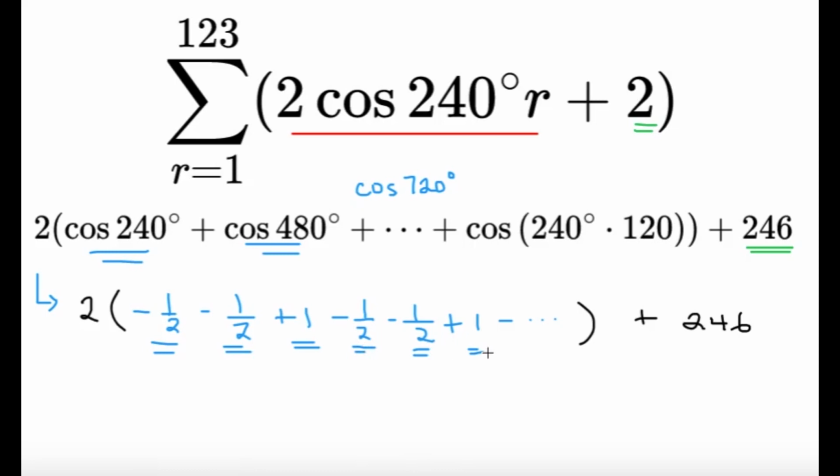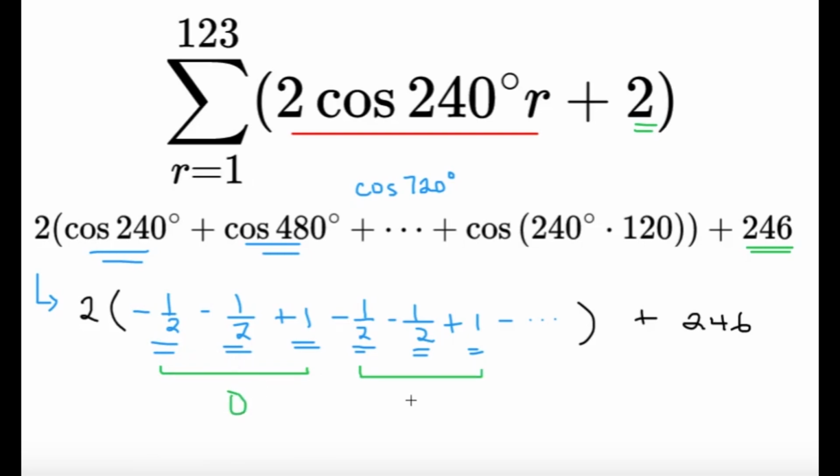Now, we have 123 terms in this part, and 123 is divisible by 3. In fact, 123 over 3 is 41. So we have 41 triplets of -1/2, -1/2, 1. Coincidentally, -1/2 minus 1/2 plus 1 is 0.